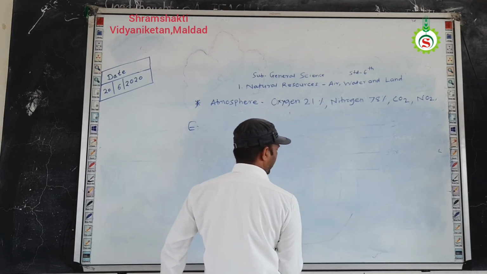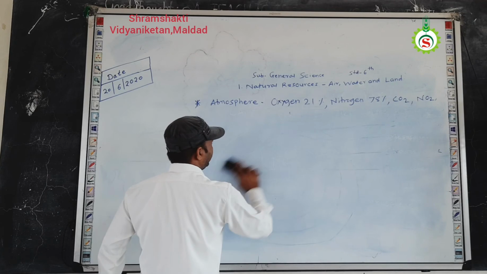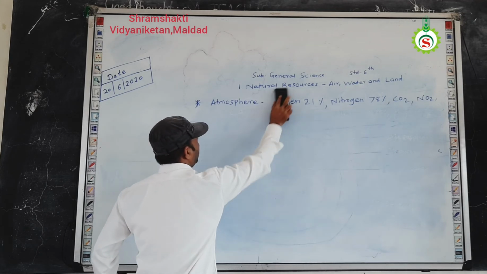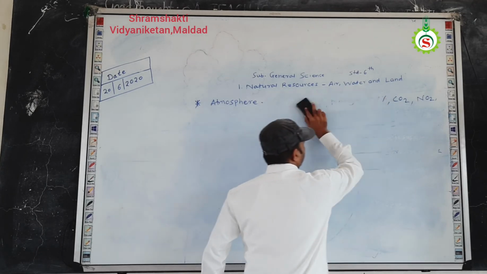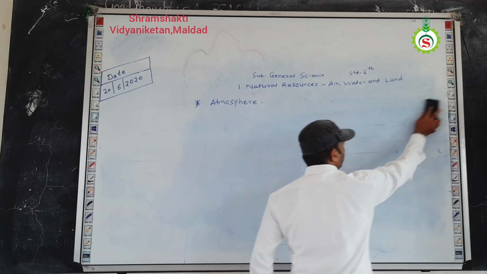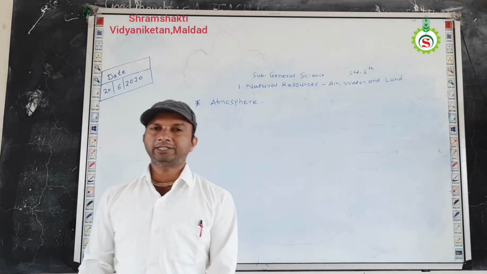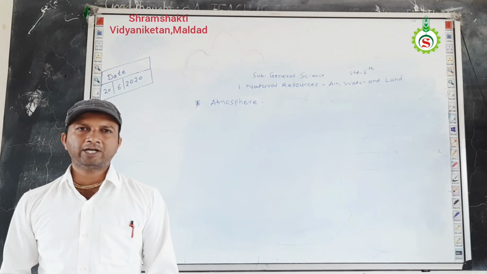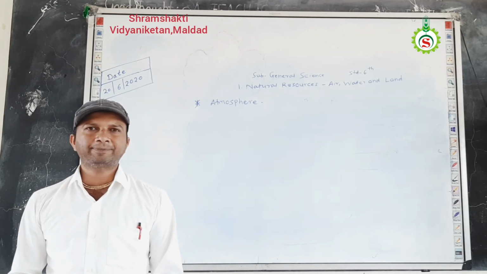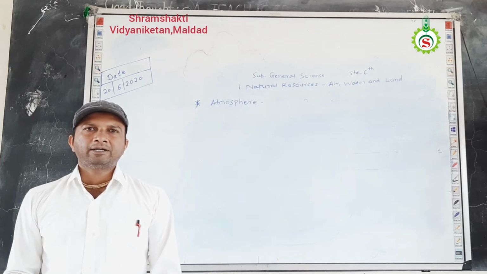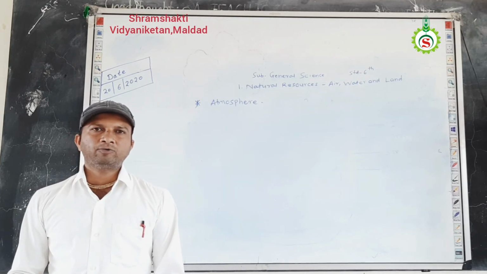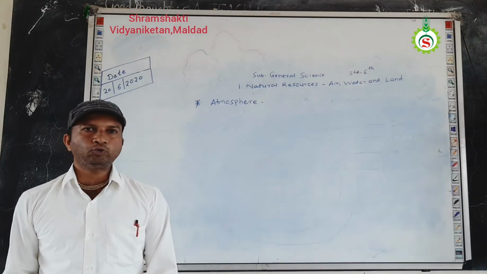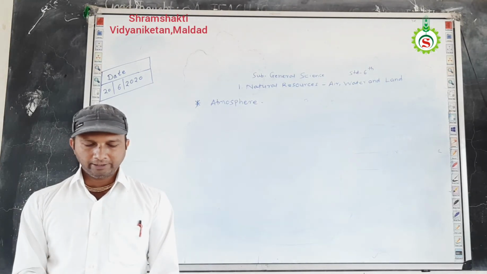First, you will know the different constituents of the air or atmosphere. Different gases are there: nitrogen, oxygen, carbon dioxide, dust particles, sulfur dioxide, nitrogen dioxide, etc. These are the different gases present in the atmosphere along with inert gases. Now we will see the different uses of these constituents of air.